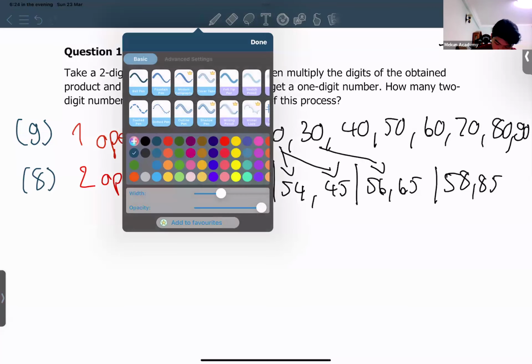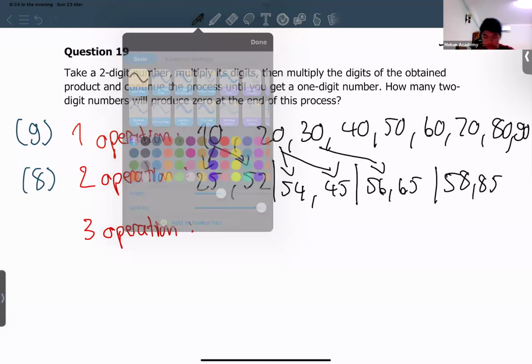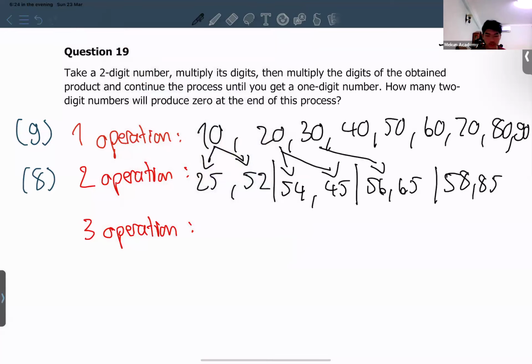And then for the next one, you need to do the same for 3 operations. Numbers that multiply to 25: only 5 times 5, so you get 55. For 52, which equals 5 times 9 or 9 times 5, you get two more numbers, 59 or 95. For 54, which is 9 times 6 or 6 times 9.